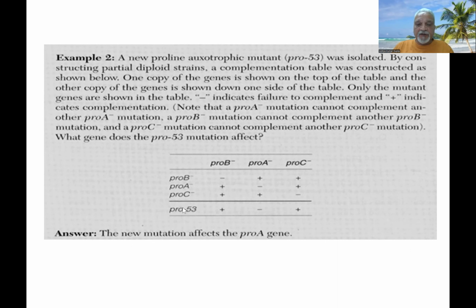This is the chromosomal genotype. And this is the partial diploid genotype, wherein you have B minus, A plus, and C plus.